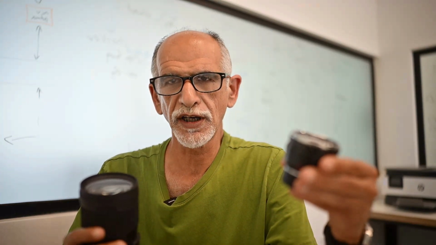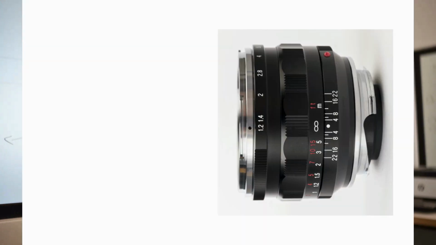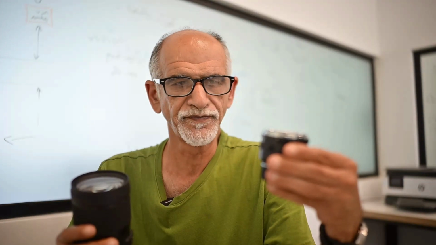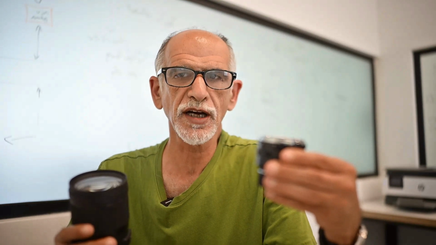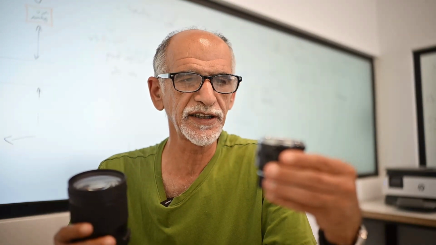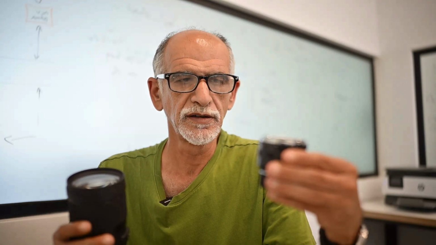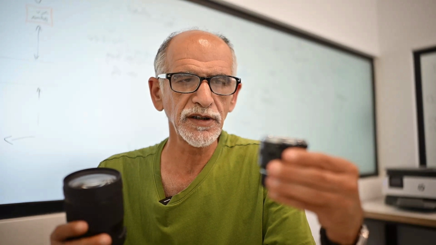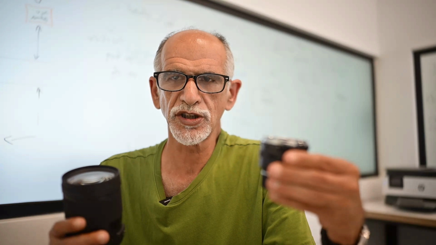This is the Falkland 40mm f1.2. It's a traditional design. It's less sharp, less detailed. Colors are less accurate, but it resembles our vision.